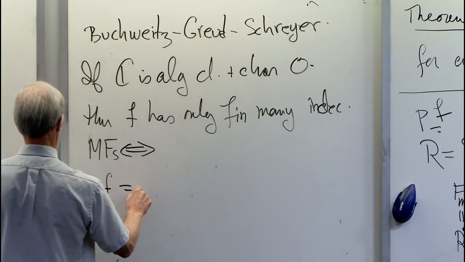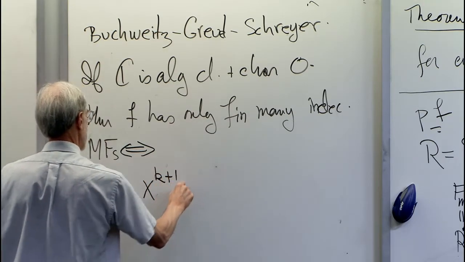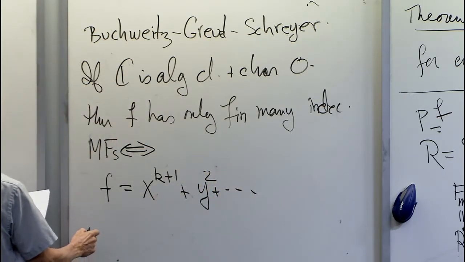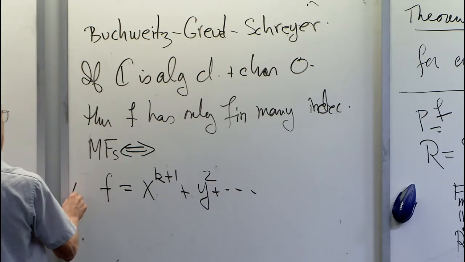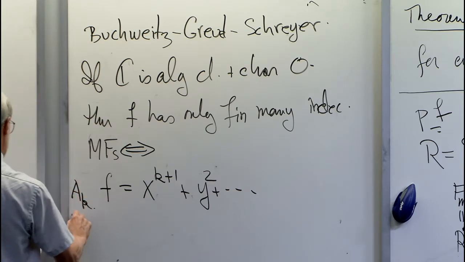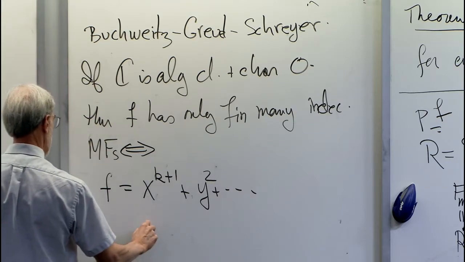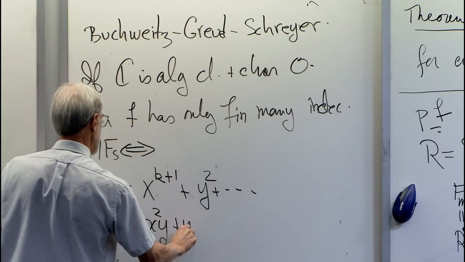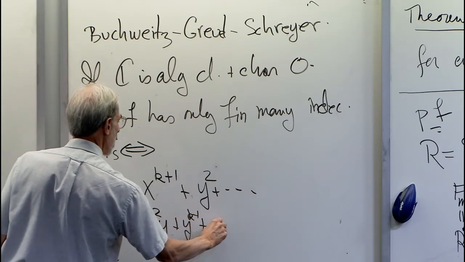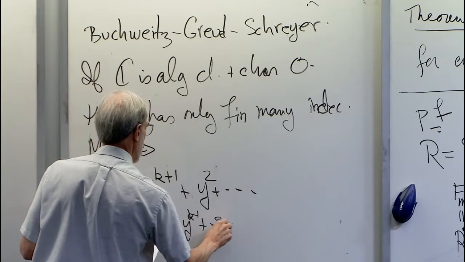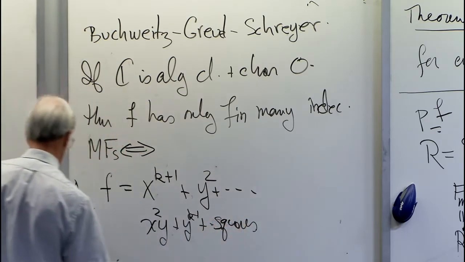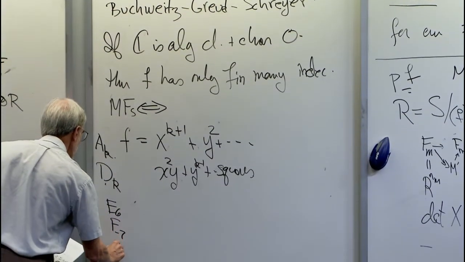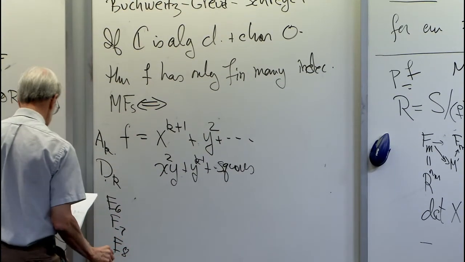either f is of the form x to the k plus 1 plus squares, y squared plus, I'm renaming the variables, of course. This is the A_k type, or D_k, which is x squared y plus y to the k minus 1 plus squares, or E6, E7, or E8, and that's the end of the list.